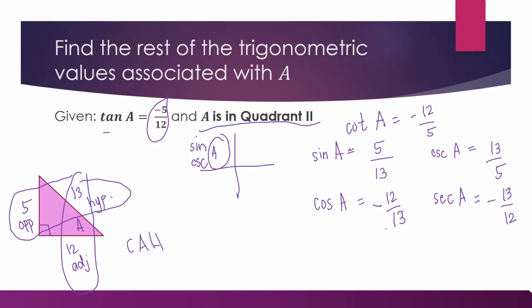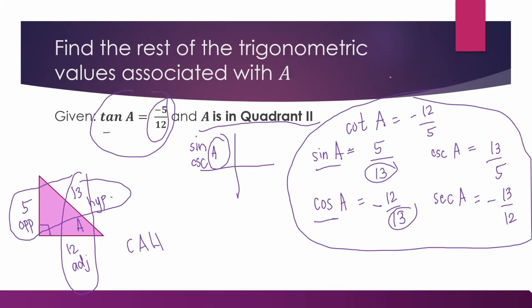We can also take note from here that every time sine and cosine are in fractional form, they have the same denominator. We can also take note of that. Like siblings, sine and cosine have the same surname. Okay, so that's it. That is our tell me who you are and I'll tell you who your friends are.